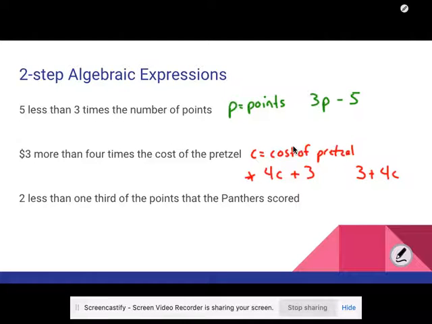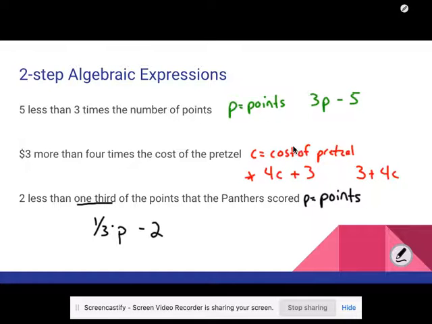Now, 2 less than 1/3 of the points that the Panthers scored. So P equals points. And so 2 less than 1/3 of the points. So we can use this fraction, 1/3 P minus 2.